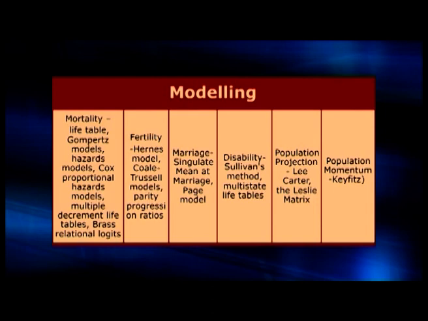They include models of mortality, including the life table, Gompertz models, hazards models, Cox proportional hazards models, multiple decrement life tables, Brass relational logits; fertility, Hernes model, Coale-Trussell models, parity progression ratios; marriage, singulate mean age at marriage, Page model; disability, Sullivan's method, multi-state life tables; population projections, Lee-Carter and Leslie matrix, and population momentum.